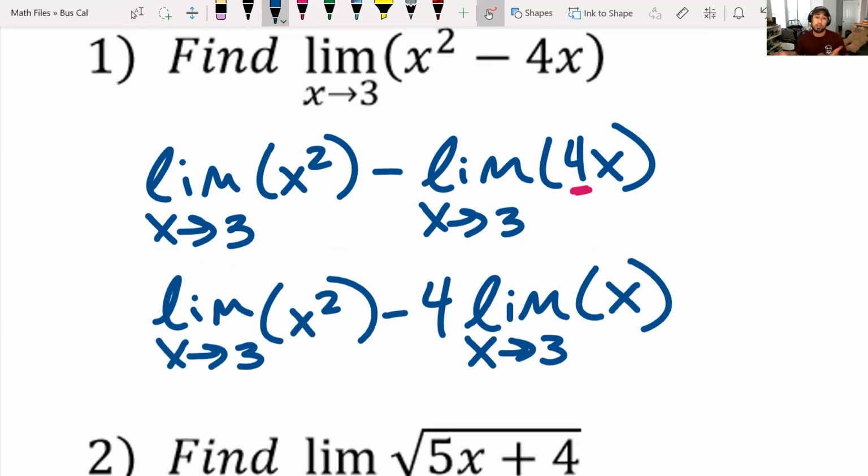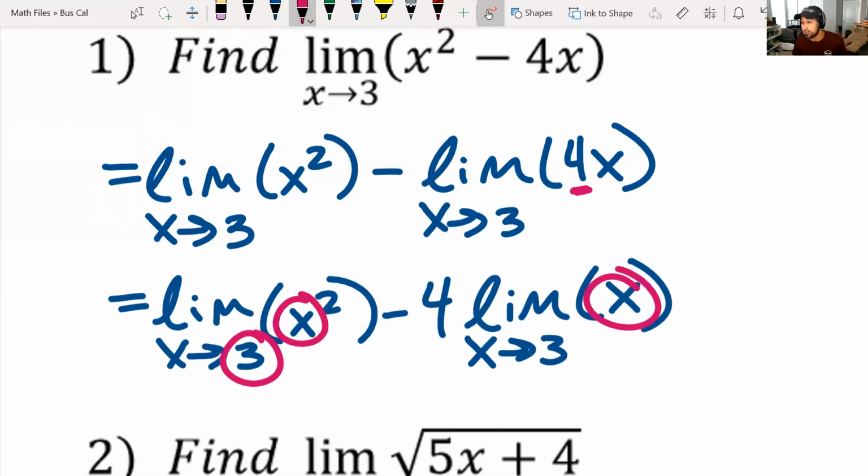Now let's apply the direct substitution property, which means let's take this 3 and plug it in for all the x's.